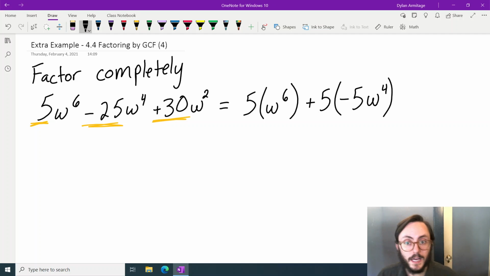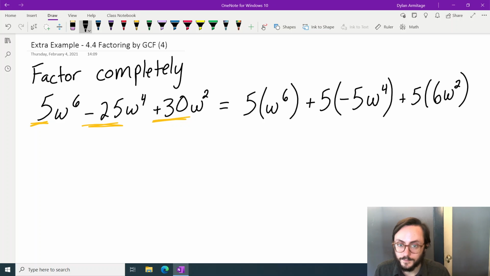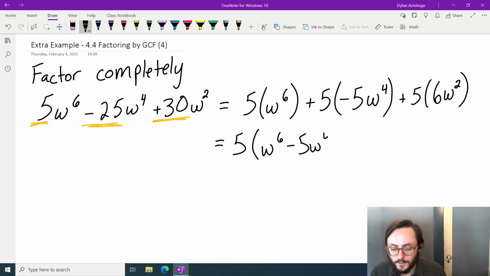Just keeping that negative with the other 5 so that everything's positive outside. Plus 5 times 6w squared. When we factor out the 5, we get 5 times w to the 6th minus 5w to the 4th plus 6w squared.